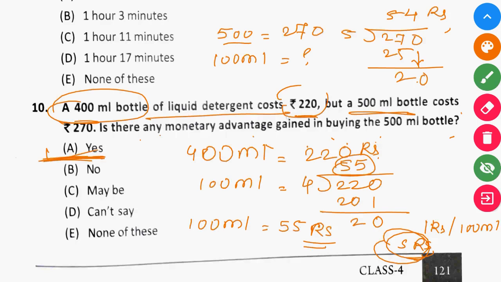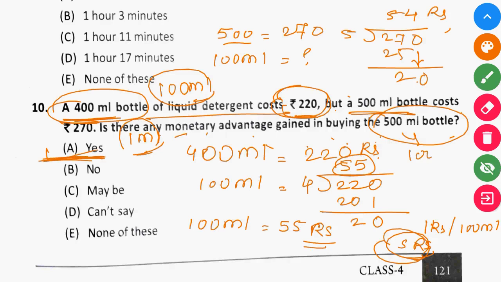Okay, understood? What have you done here? We know the 400 ml bottle's cost. We find for 100 ml how much we have to pay, or we can find for 1 ml how much we have to pay. And after that for the 500 ml bottle also, we calculated for 100 ml how much we have to pay, or we can calculate for 1 ml.